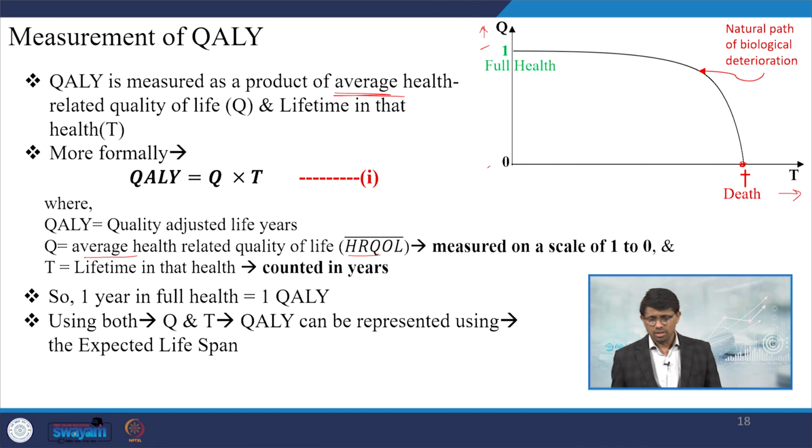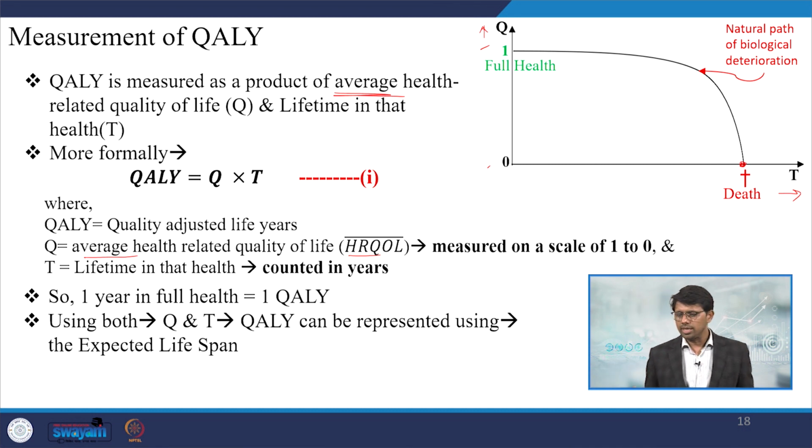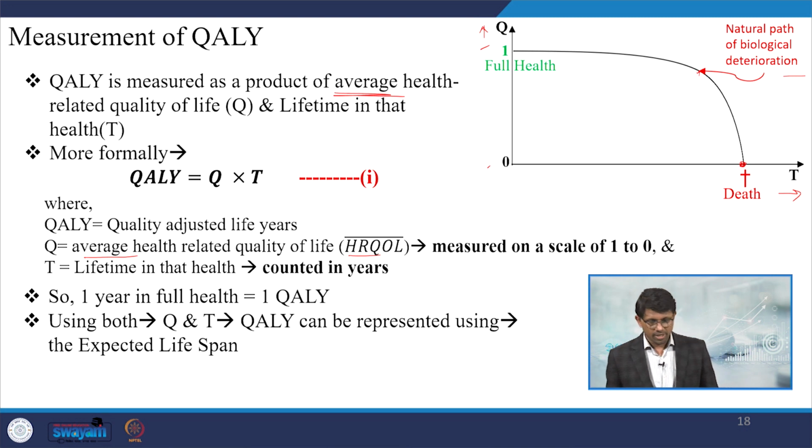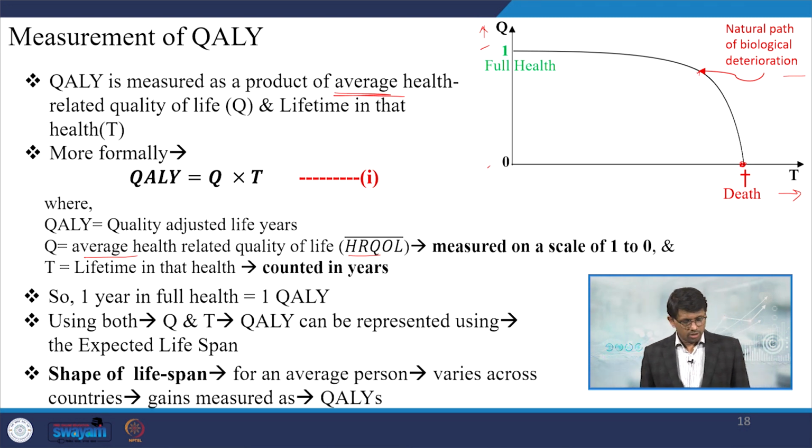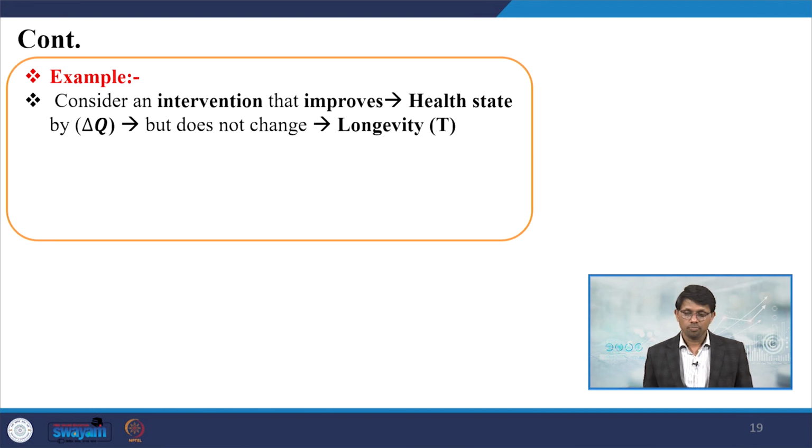The natural path of biological deterioration occurs after a certain period of time. Every time we will have some deterioration, but the major fall occurs at a later age. Hence, there is a sharp fall. The shape of the lifespan for an average person varies across countries, and the gains are accordingly measured through QALY.